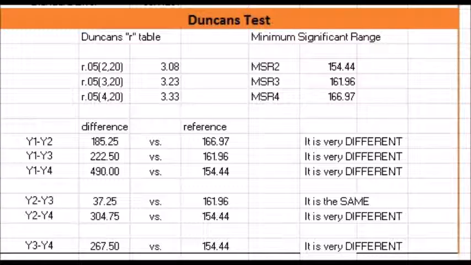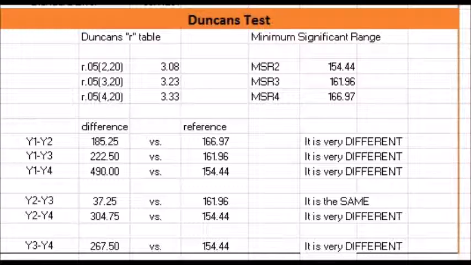The r in this case is for alpha 0.05. You use the degrees of freedom of the error and the number of samples you have, but you remove number one.